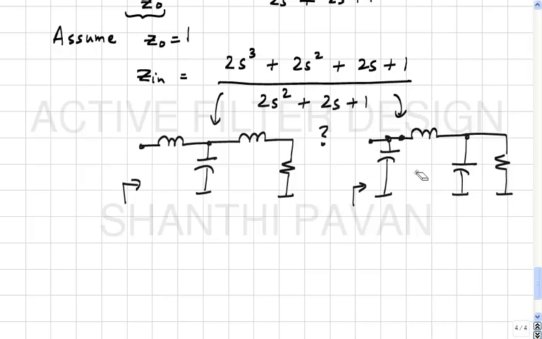I understand that if you divide numerator by denominator, you will get some s. All this is correct, but that still doesn't explain why it is the first network. The first network has 2 inductors, 1 capacitor. The second network has 2 capacitors, 1 inductor. Inductor is s, capacitor is 1 by s. It is all correct, right? But that still doesn't convincingly prove that it must be the first network.